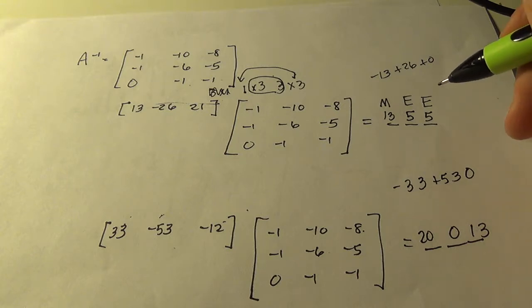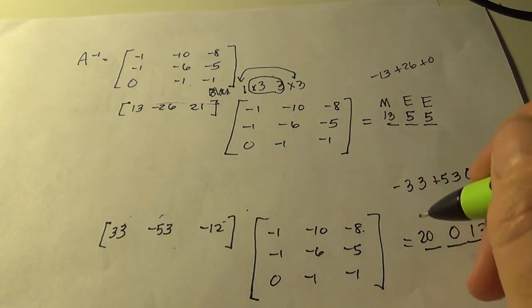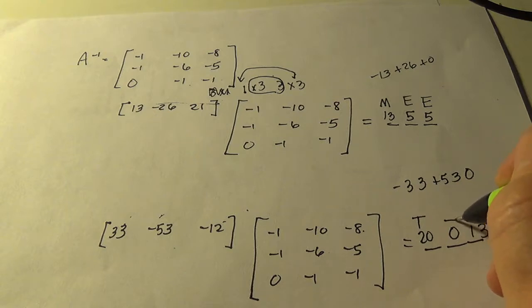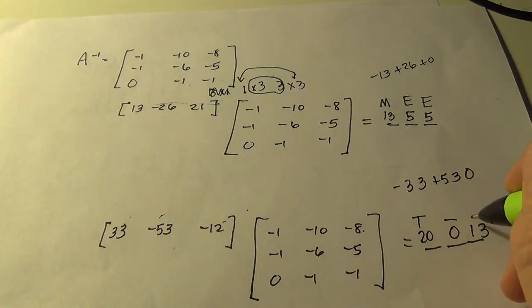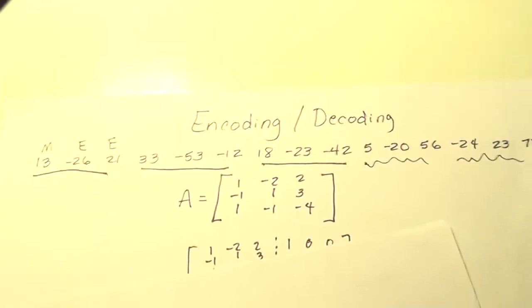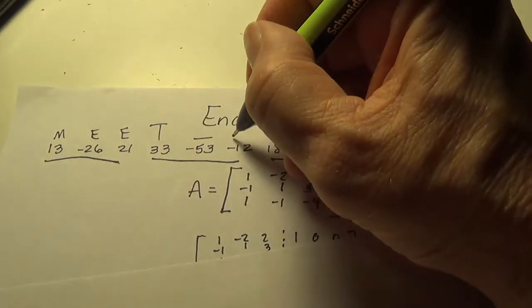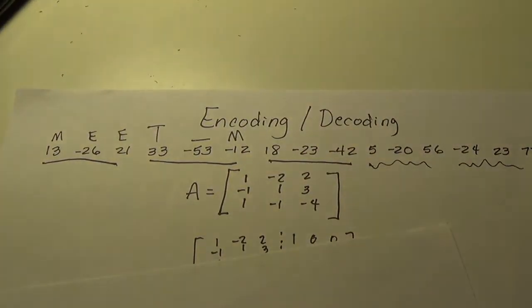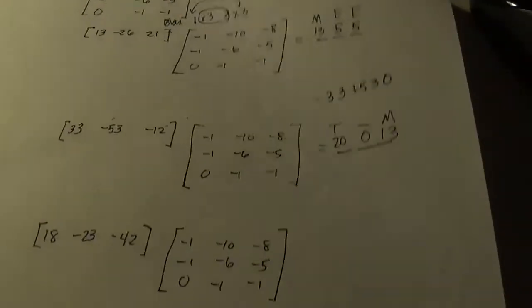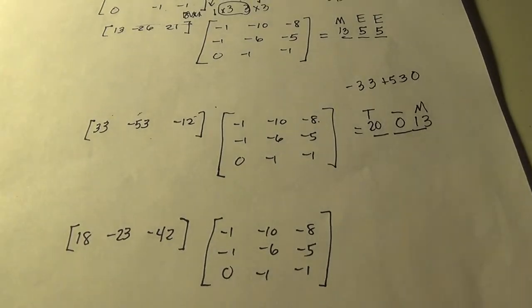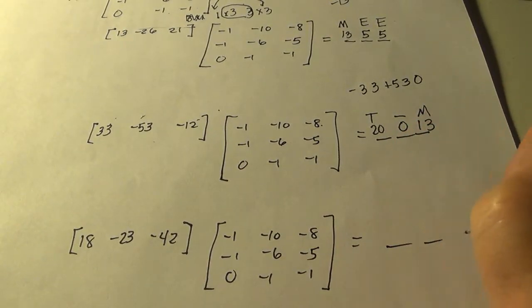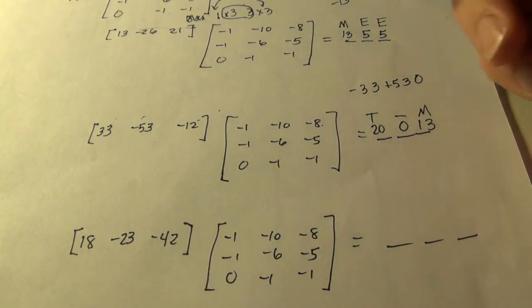The 20th letter in our alphabet was T. When we get a 0, that's going to be a space, and 13, we already calculated that letter to be M. So, going back to our original problem, we've got a T, a blank, and an M. Alright, meet so far. Now we have one more set from me, and you can finish decoding.